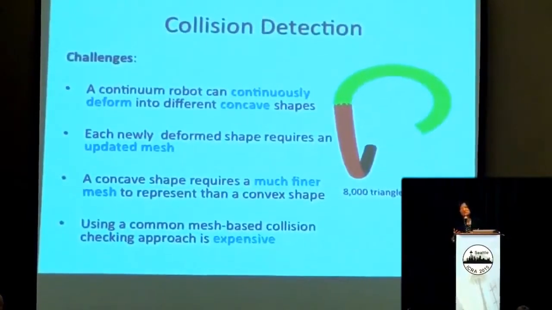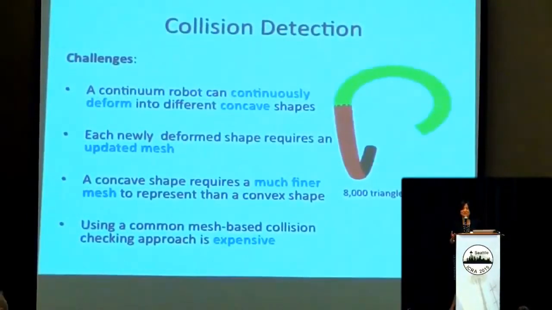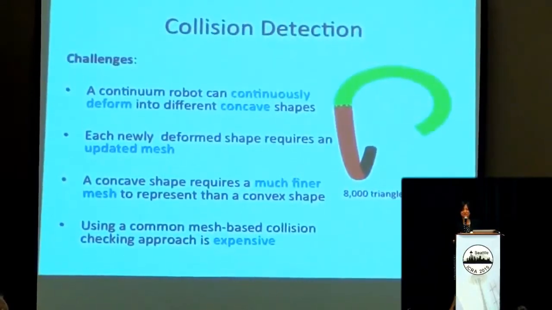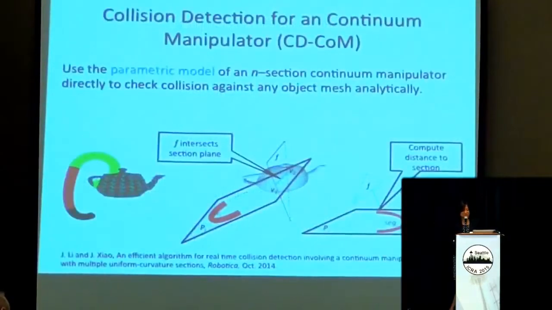I'm talking about mesh because in the conventional collision detection algorithms, usually objects are represented as polygonal meshes. If we use a common mesh-based collision checking approach, continuum manipulators can be quite expensive as the manipulator changes configurations.